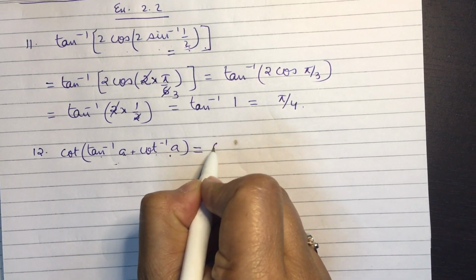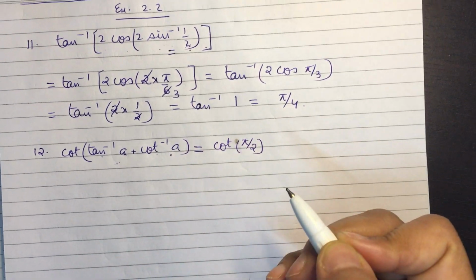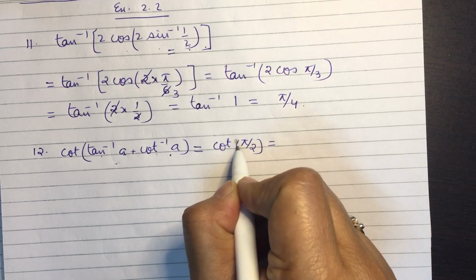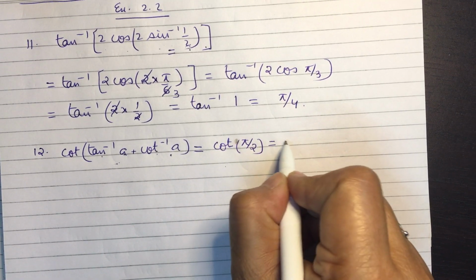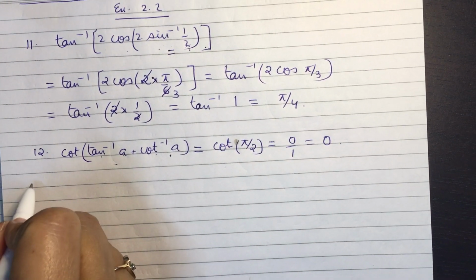So you directly get it as cot of pi by 2, which is equal to, what is the value of cot of pi by 2? Cos pi by 2 upon sin pi by 2, which is 0 by 1, which is 0.